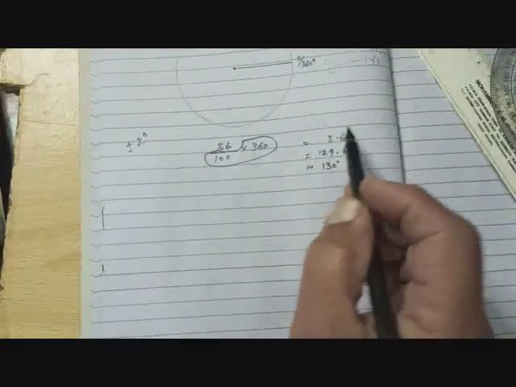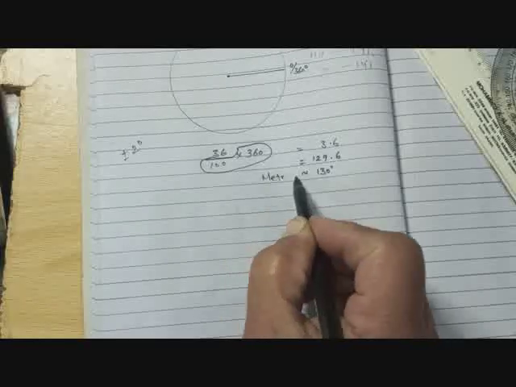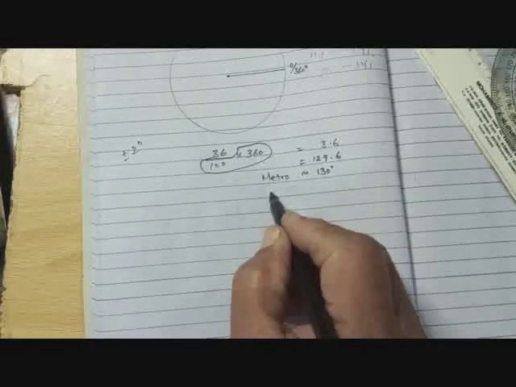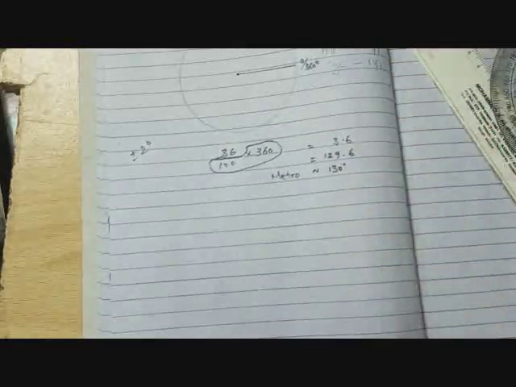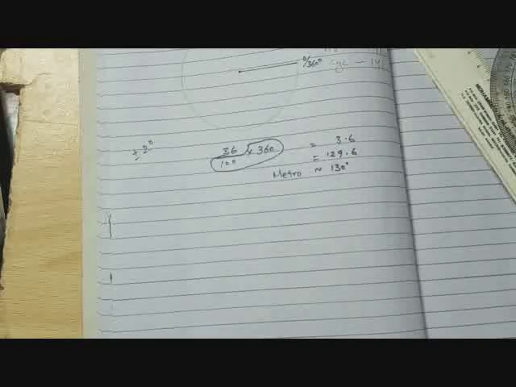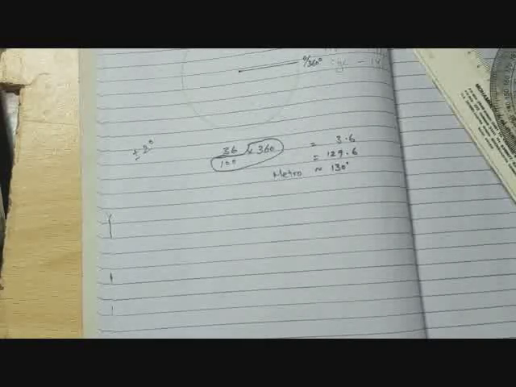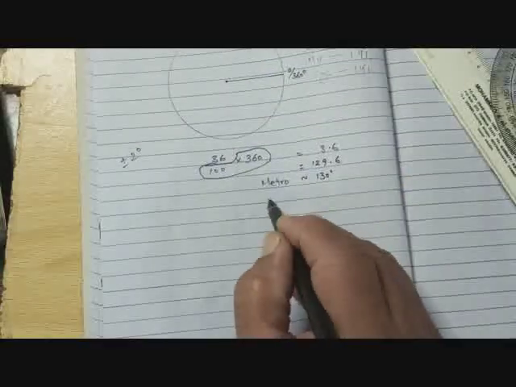So for the metro it is 130. For bus, now we'll just multiply each with 3.6. 31 multiplied by 3.6 is equal to 111.6 for bus.